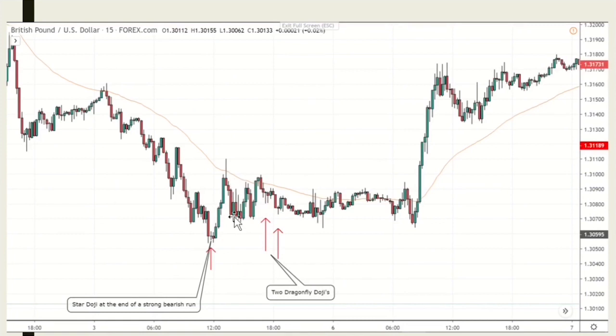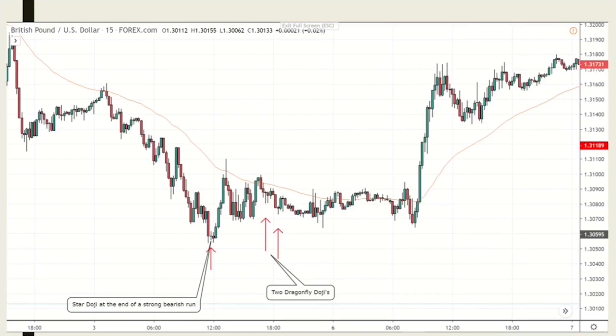So you can see them all coming together and price going up from there. That was all found on the exact same example, and that's showing what price action can do if you look at it closely and understand. Two dragonfly dojis suggest bullishness, suggesting it's at the end of the bearish run, and price just moves up from there, and up, and up, and up.